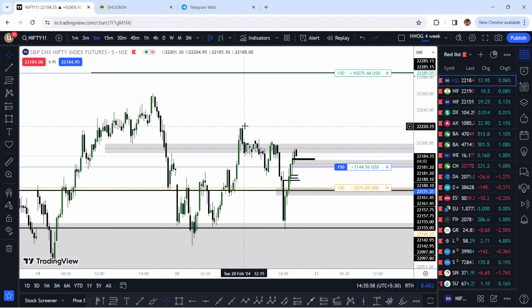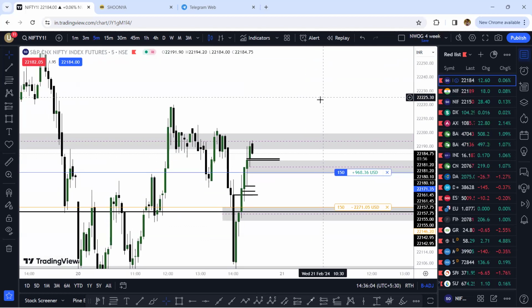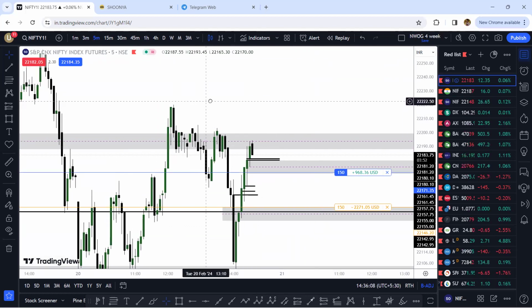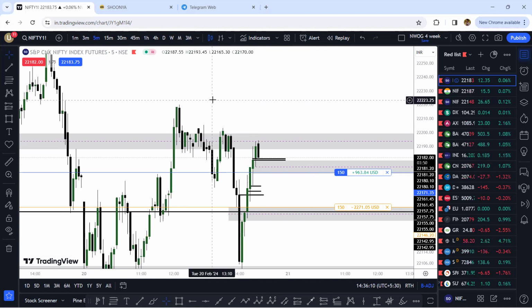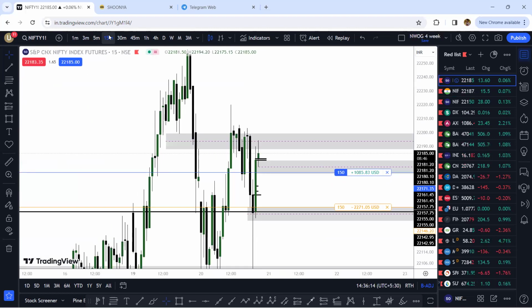So I'm not going to exit my partial until we break above this high. I'm going to hold it up for some time.